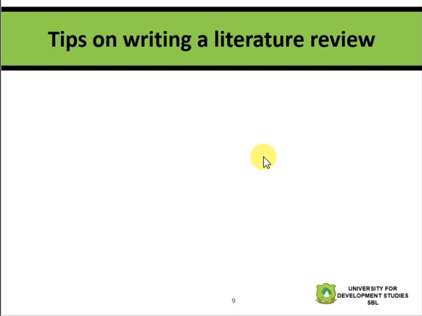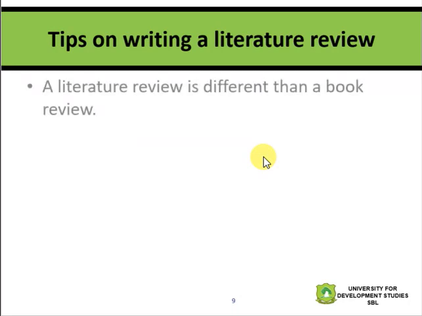This is completely different from a book review, where somebody has written a book and presents it to an expert in the field to look at the content of the book and provide some key comments in that regard. This is completely different.